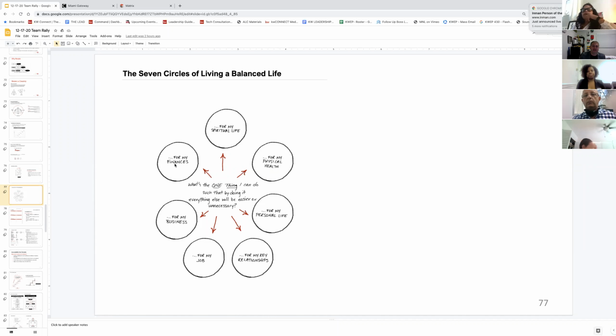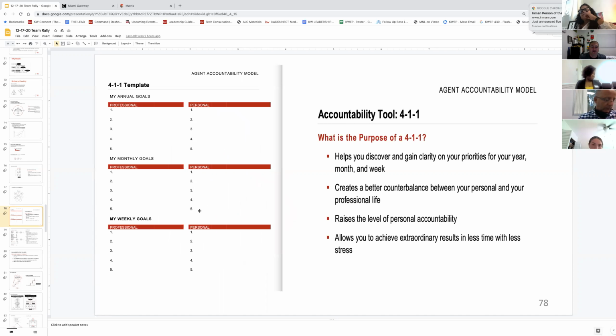And the way to look at these 7 areas is just like a garden. If you don't water them, if you don't pay attention to them, they will die. And so you set your annual goal with the idea around your 411 with laser focus in what you're going to do this month to move you closer to your annual goal.